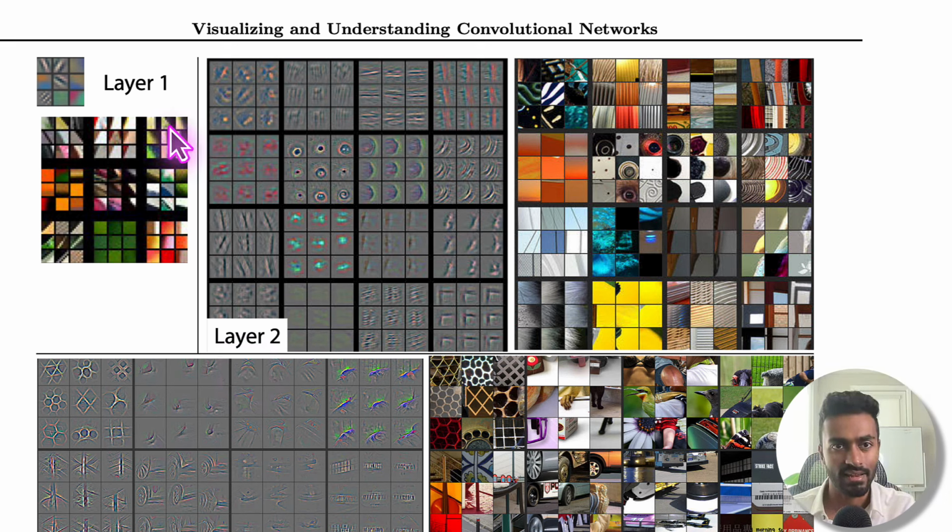So effectively, for the layer 2 convolution layer, we are viewing the outputs of 4 cross 4, so that's 16 randomly selected feature maps. For each of these feature maps, we are looking at the top 9 images that activated that feature map the most.